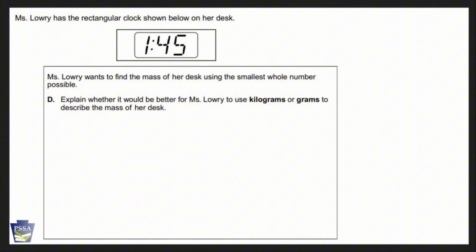Okay, now you would need a lot of cans of soda to equal out a desk. So what we are going to use is kilograms. Kilograms is 1,000 grams.